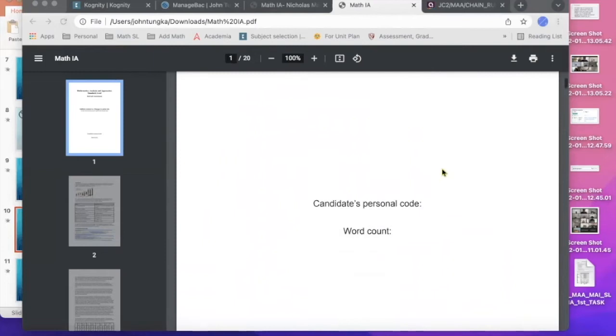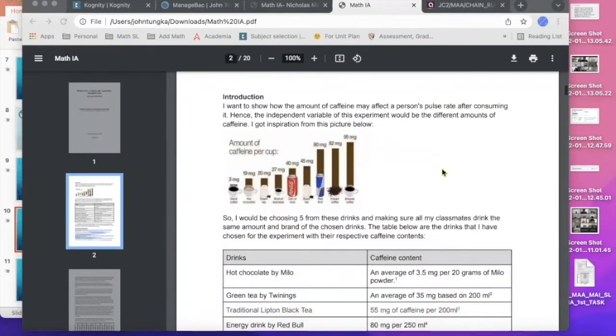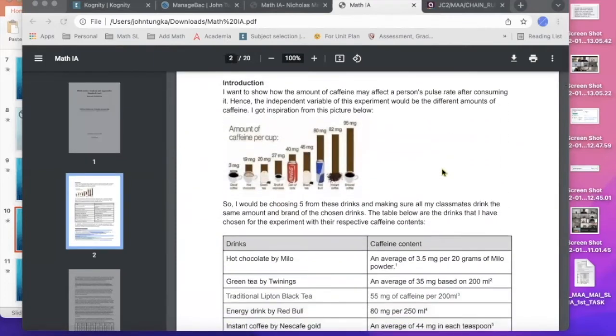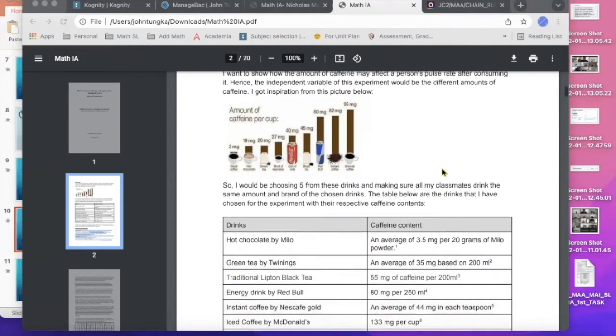After you give the background, then you can connect that background to your rationale for why you chose the IA.